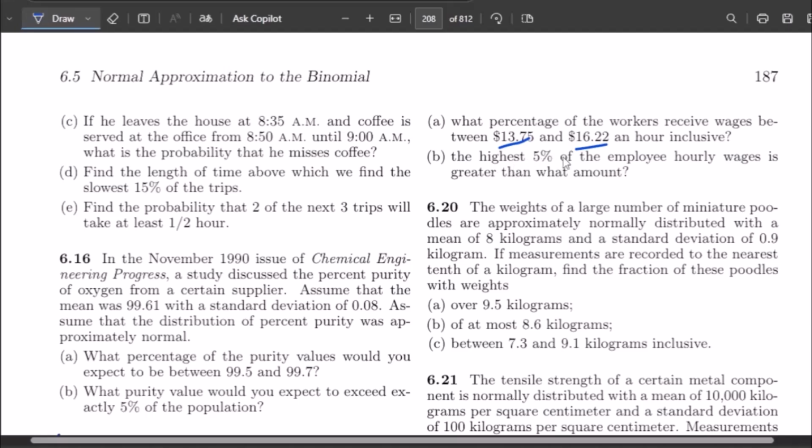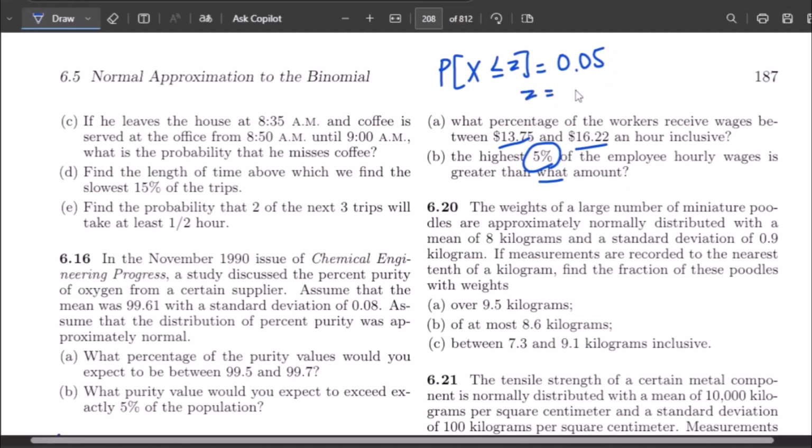The highest 5% of the employees' hourly wages is greater than what amount? So here the probability is given: the probability that z is less than or equal to some value is 0.05, which is 5%.